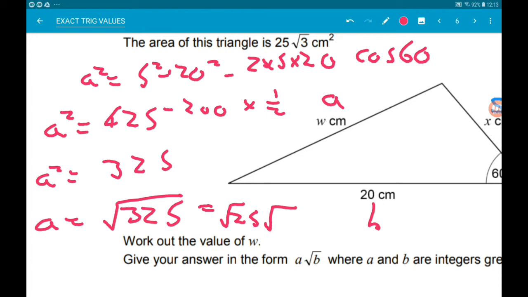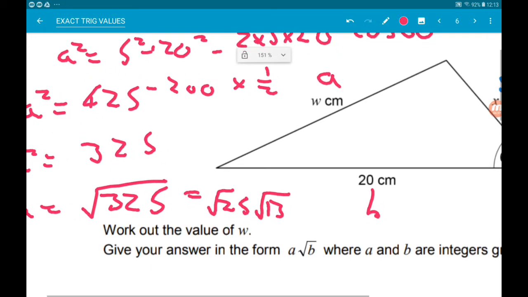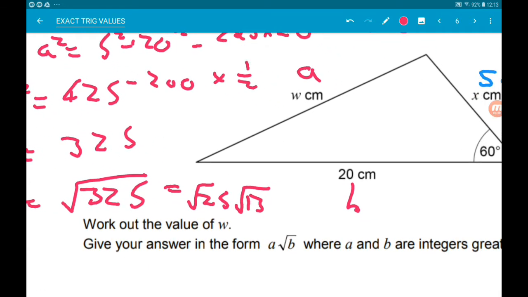So every 100 is 4 25s, so 300 is 12 25s, so 325 is 13 25s. So this is root 25, root 13, which finally we can write as 5 root 13. And that is our answer.